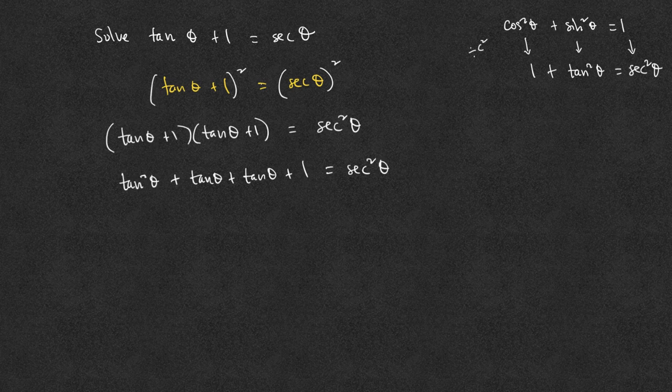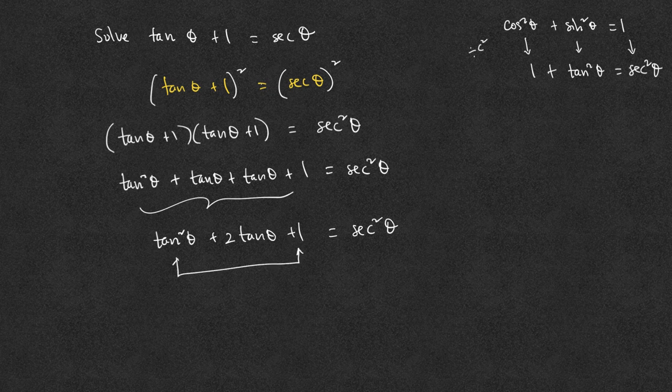We can simply use the identity in this case. This is tangent squared theta plus 2 tangent theta plus 1 equals secant squared theta. And we replace tangent squared theta plus 1 with secant squared theta. This is the identity.